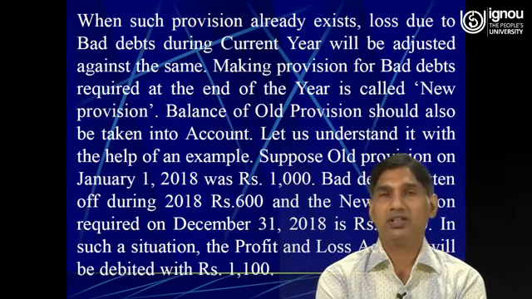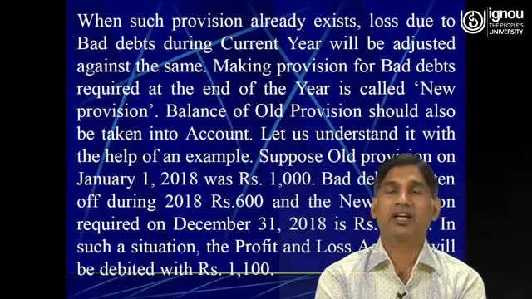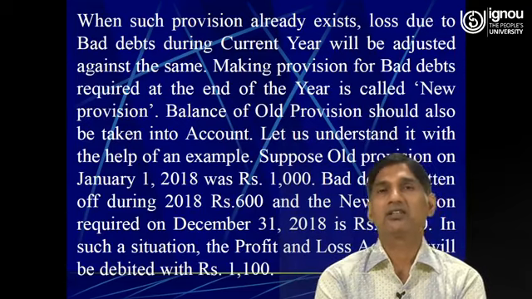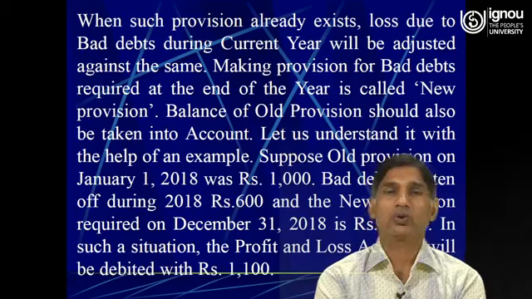Let me repeat it again. The equation is bad debts plus further bad debts plus new provision minus old provision. The net result of this equation will be charged to the profit and loss account.